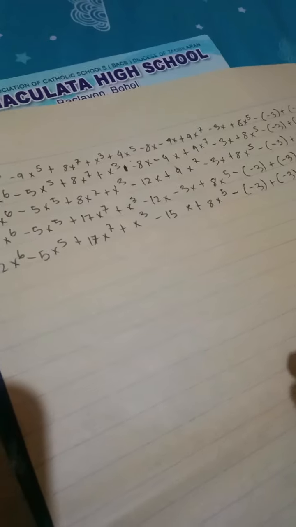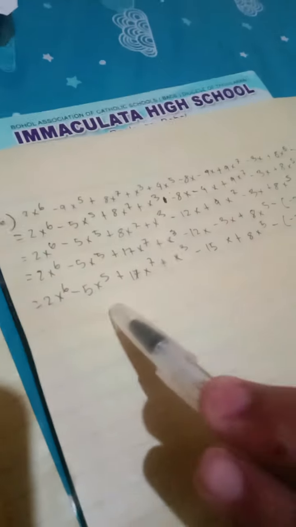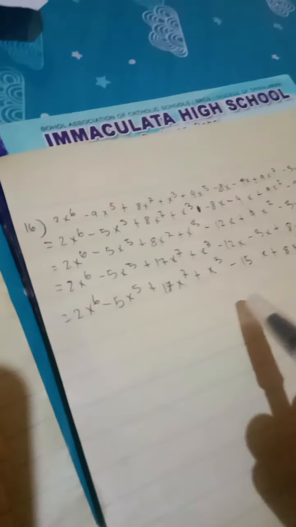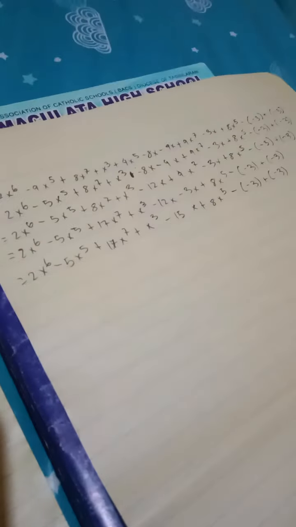It's so hard. So next, combine the negative 5x to the power of 5 and 8x to the power of 5 to get the 3x to the power of 5. Since they're not the same sign, we're gonna subtract that. Okay, we're gonna subtract.